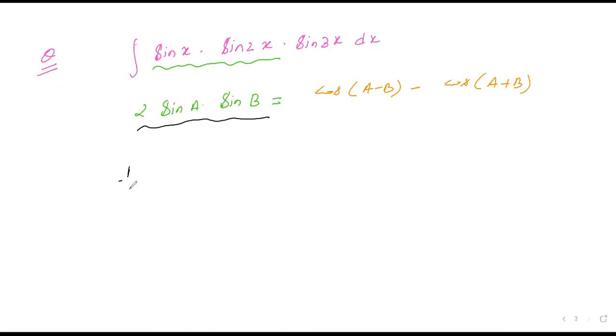So now we will multiply and divide by 2. It is 2 sine x into sine 2x into sine 3x dx.